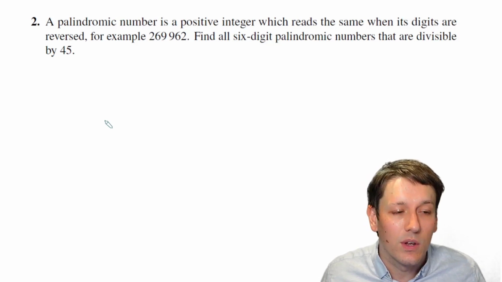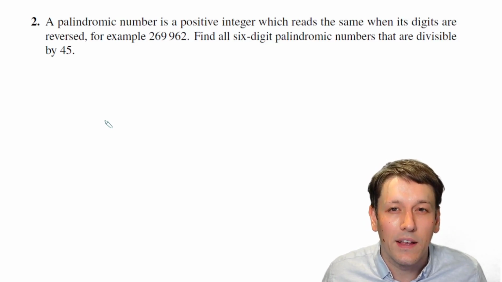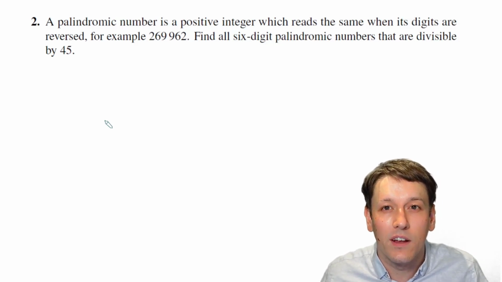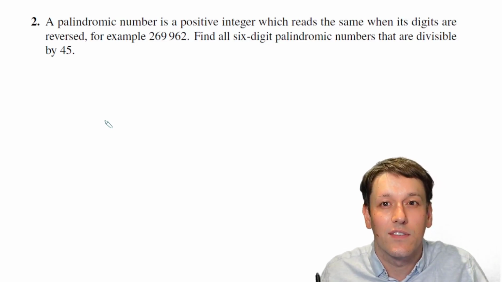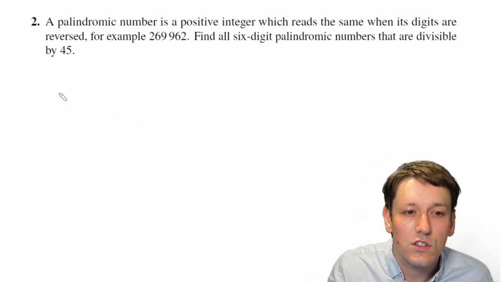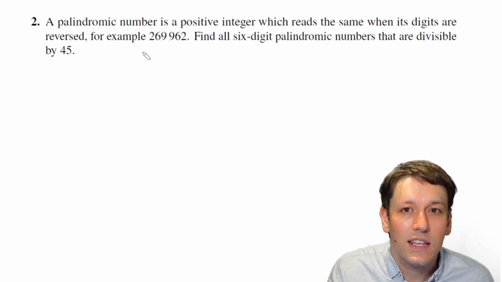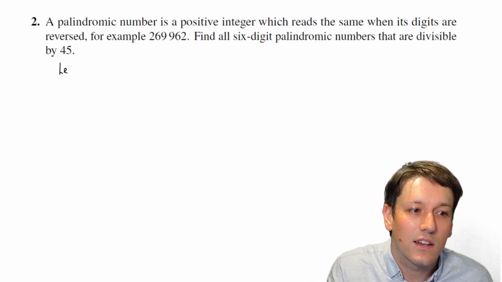I can't say a number is divisible by 3 and 9 just because it's divisible by 9, or by any two numbers that have factors in common. But if you have 5 and 7, and a number is divisible by 5 and by 7, it's definitely divisible by 35. And if it's divisible by 35, it's definitely divisible by 5 and by 7, because 5 and 7 don't have any factors in common.